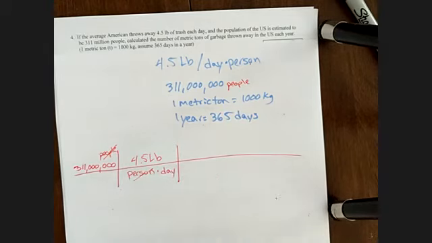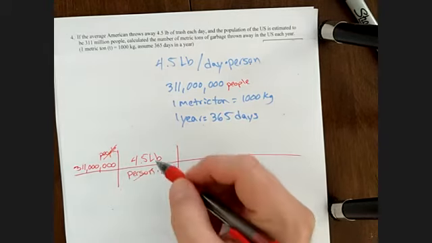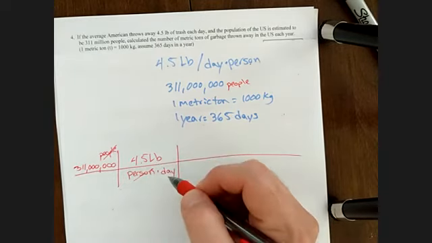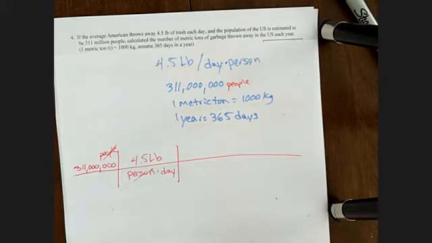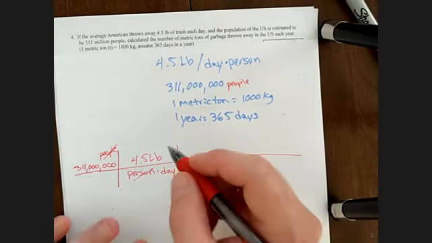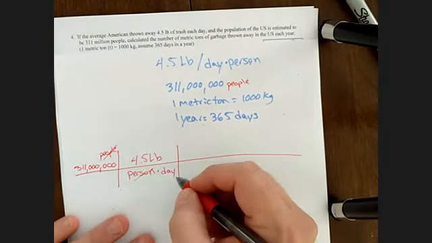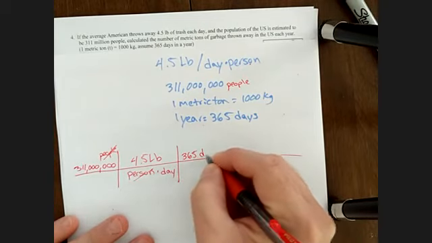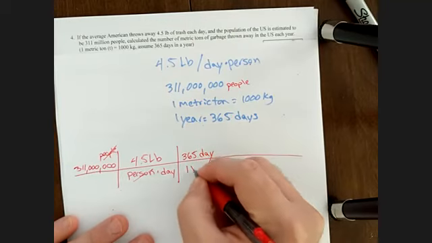But they want to know metric tons per year. So we're in the right frame of amount per time; we just have to convert over. Again, it doesn't matter which unit you take next. I might take there's 365 days in 1 year.